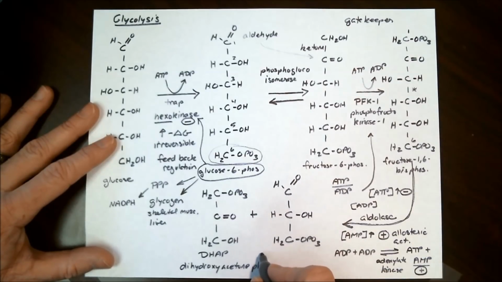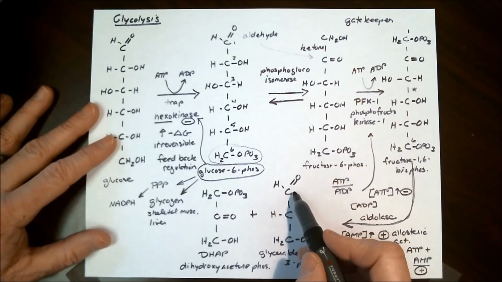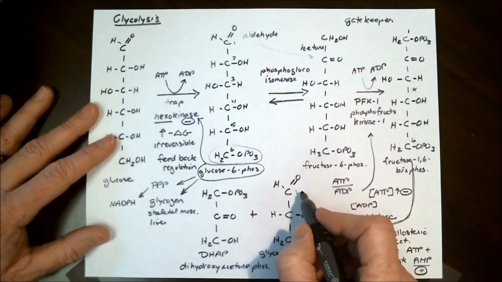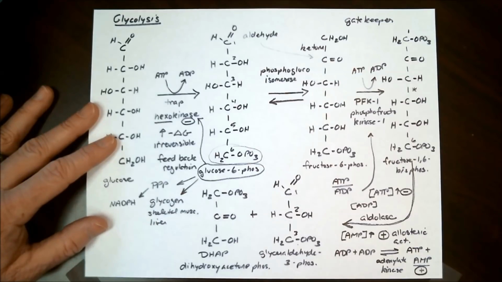The other compound is glyceraldehyde 3-phosphate. Again, glyceraldehyde, glycerol backbone. We have an aldehyde structure at the number 1 carbon, and we have a phosphate on the number 3 carbon, giving us glyceraldehyde 3-phosphate.